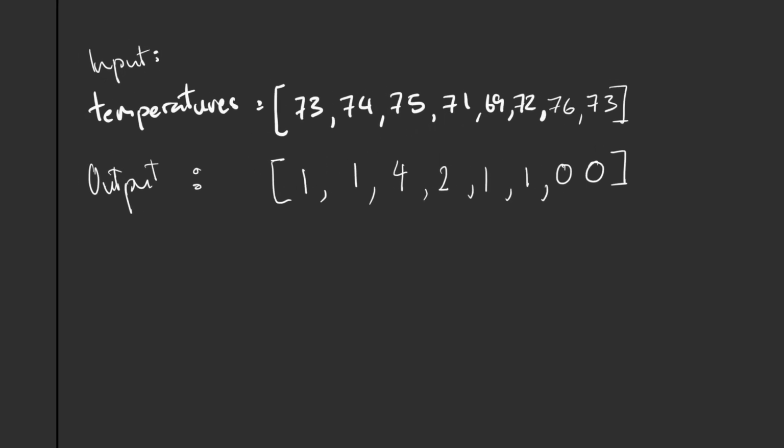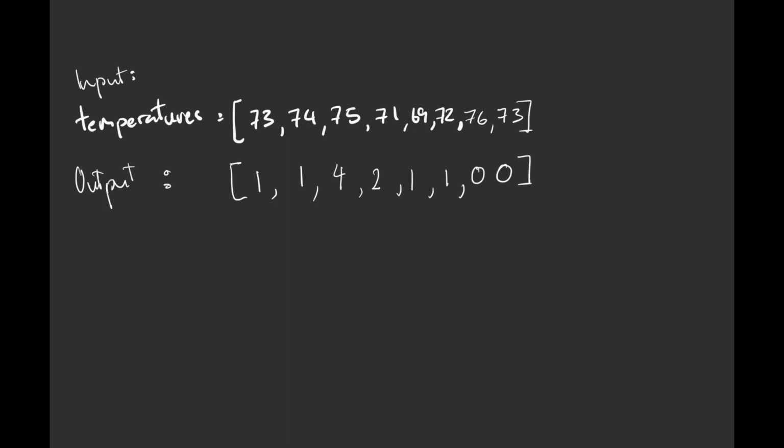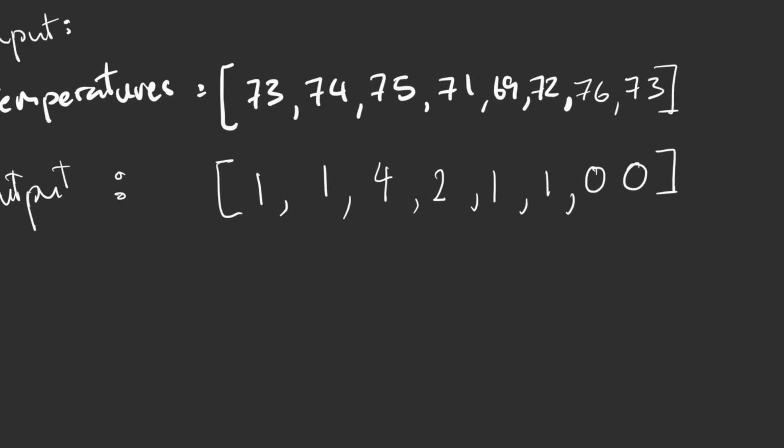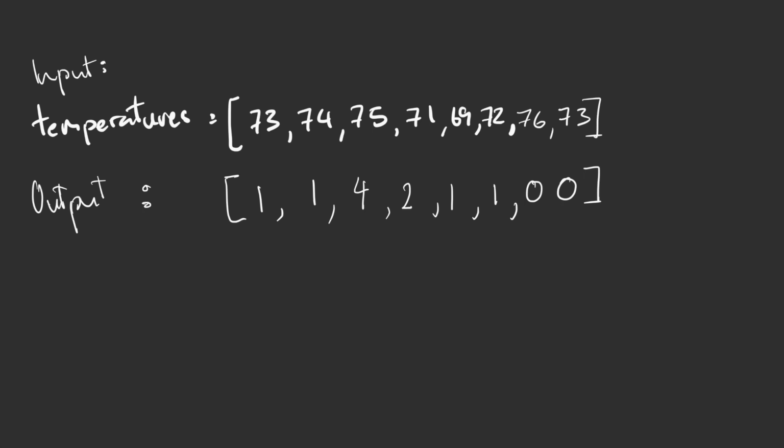The input is going to be an array of temperatures like this, and the output will be the number of days at the index I, how many days it will need to wait to get a hotter day.